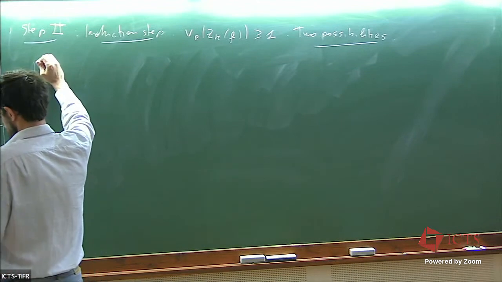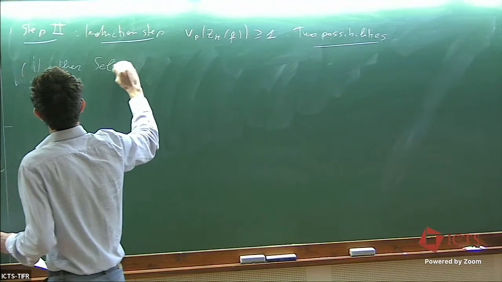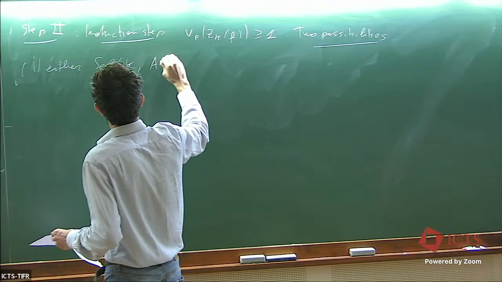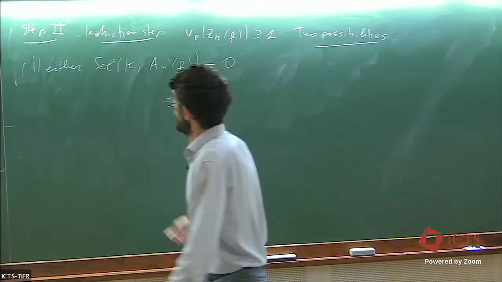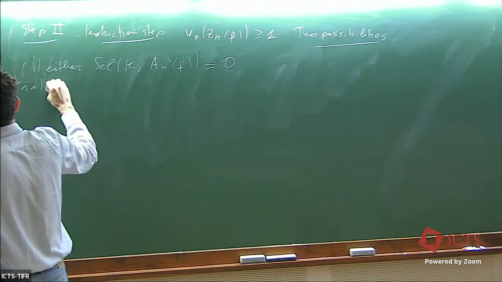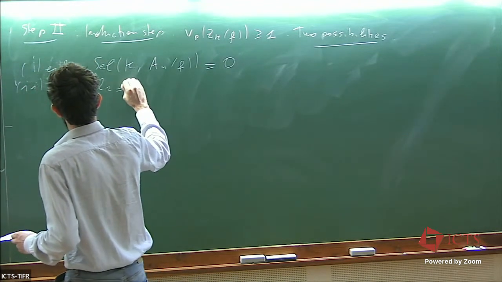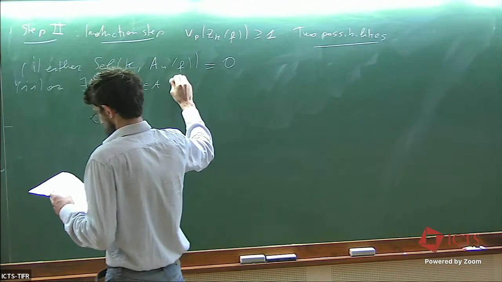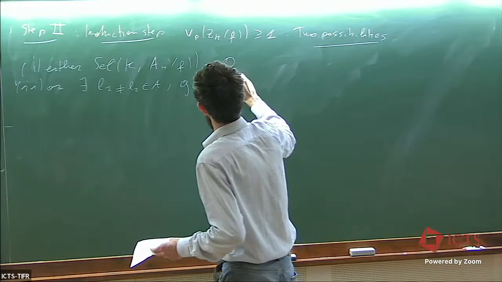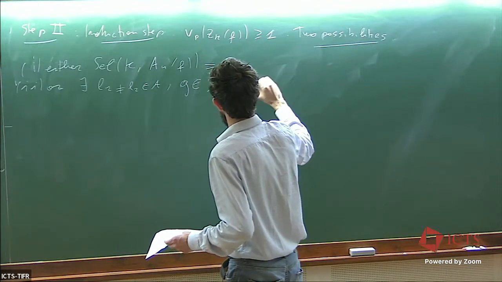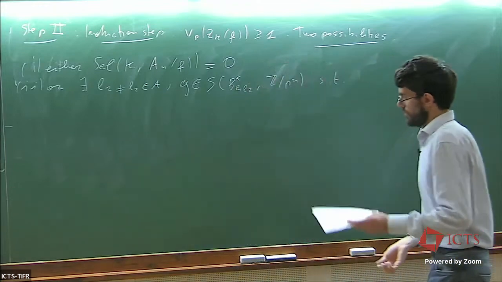First possibility: either this Selmer group vanishes, or the following happens. There exist two distinct admissible primes, and g as before, such that the following two things happen.